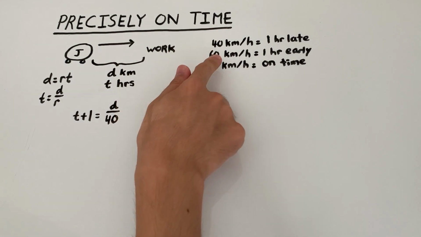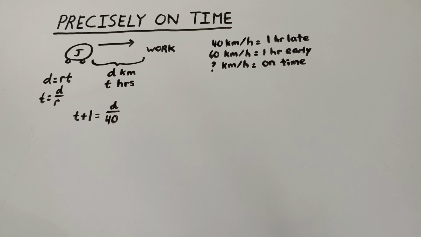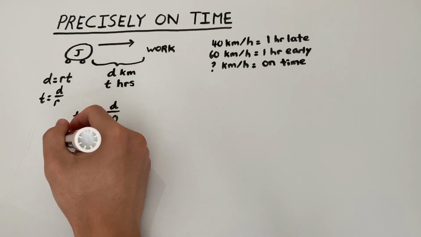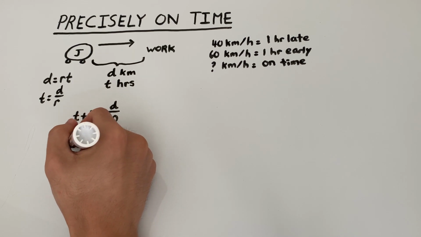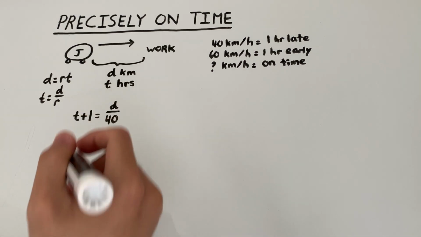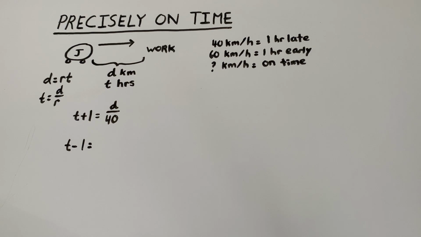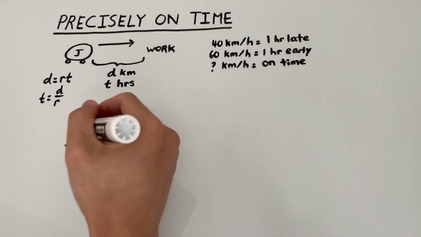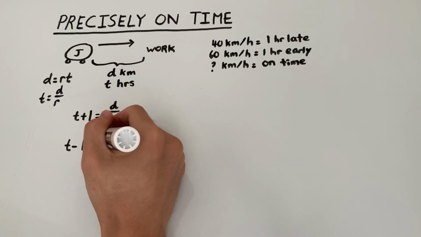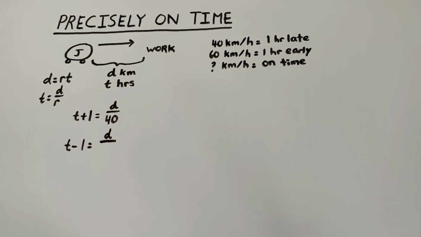Similarly, going at 60 kilometers per hour means Jack arrives 1 hour early, which is t minus 1 hours spent on the road. And this is equal to the distance, which is still d, over 60.